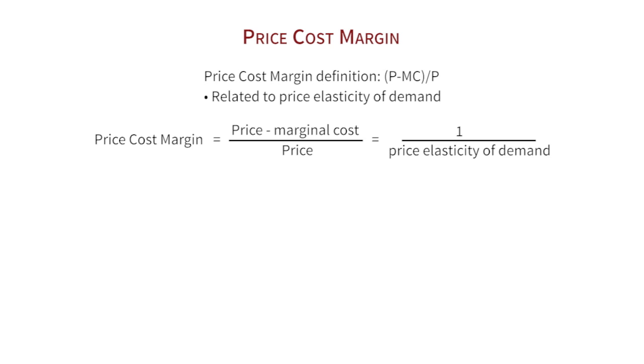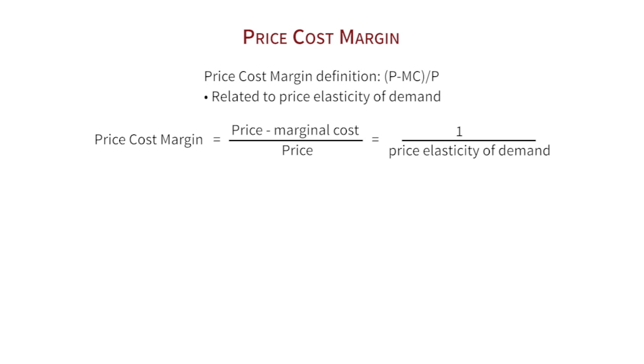In particular, the price-cost margin, price minus marginal cost divided by the price, is equal to 1 over the price elasticity of demand. And remember, we state price elasticity of demand in positive terms, so if the quantity declines by 0.5% when the price increases by 1%, we say the elasticity is 0.5.